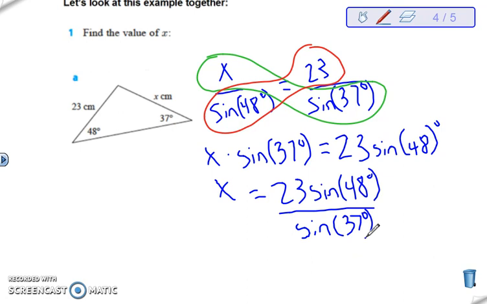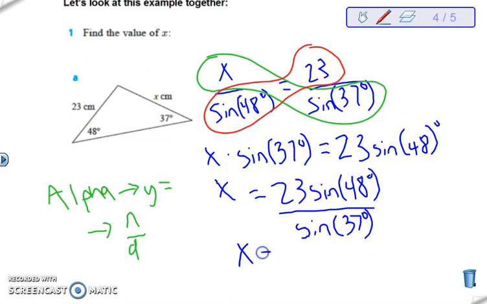Remember that our fraction button can be found by hitting alpha and then y equals, and then picking this guy right here. So if I type 23 sine 48 divided by the sine of 37, and I hit enter, x should be about 28.4.